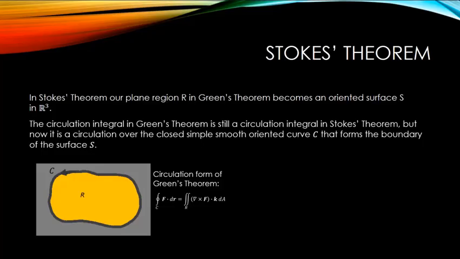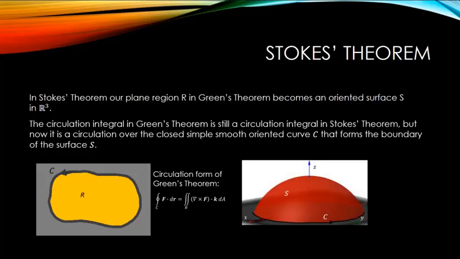Now we're taking it into R3 space, where I now have a closed, simple, smooth, oriented curve that forms the boundary of my surface S in the XYZ space. My closed integral over C of F dotted with dr in R3 space becomes the double integral over S of del cross F dotted with n dS.